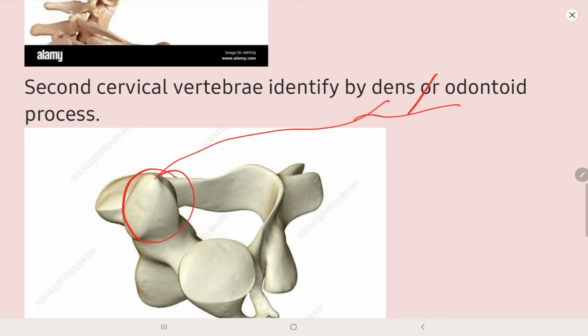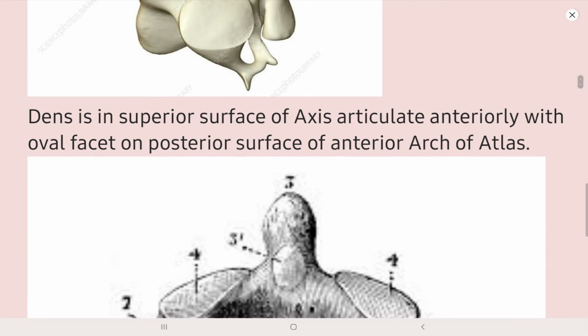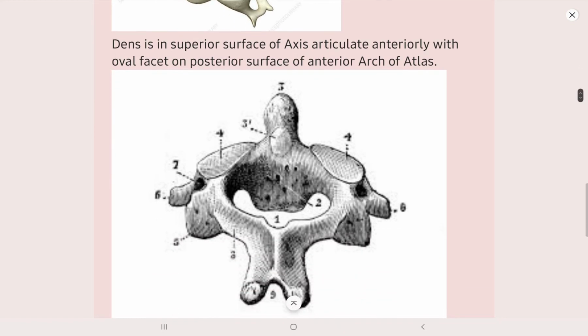The dens is on the superior surface of the axis and articulates anteriorly with the oval facet on the posterior surface of the anterior arch of the atlas. I explained in the last class how the dens is attached to the atlas. If you have any doubts, you can go back to that lecture, where I explained accurately how the dens is attached to the oval facet of the atlas.